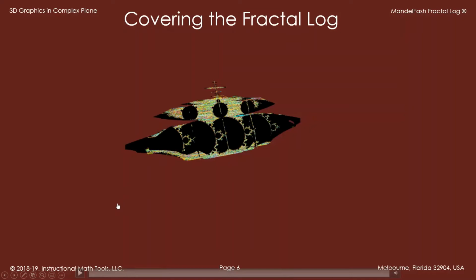Now what we're going to be showing here is how we can put the covers back on the Mandelfash fractal log. I'm going to start a little video here. Might have to speed it up a bit because it takes time. If you'll notice on the left-hand side here, the graphic cover comes on, and it's not color-coded yet.